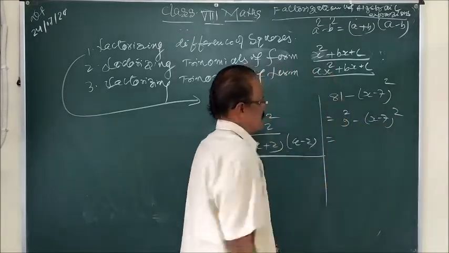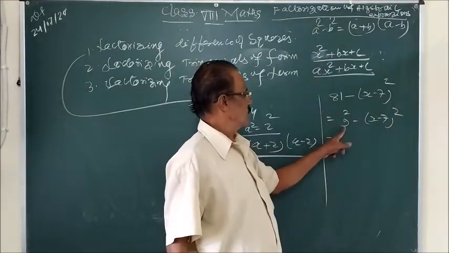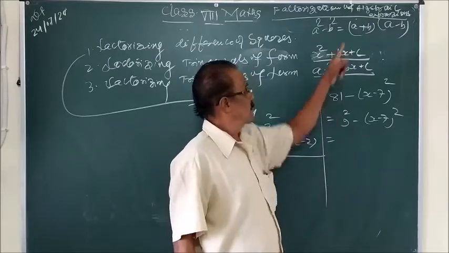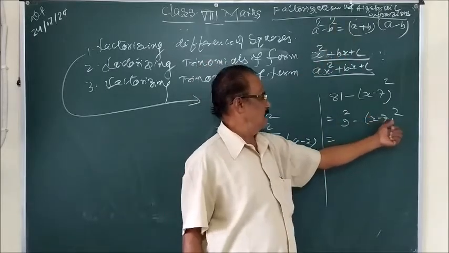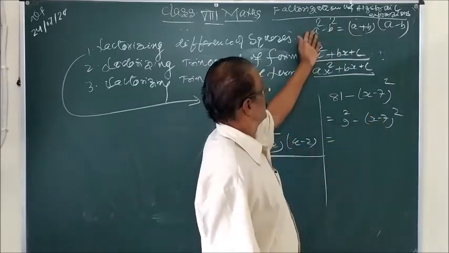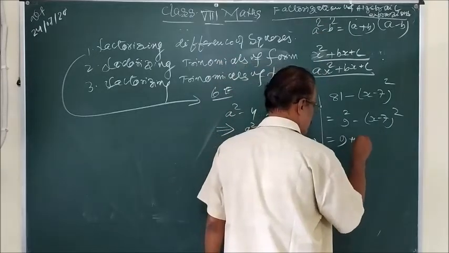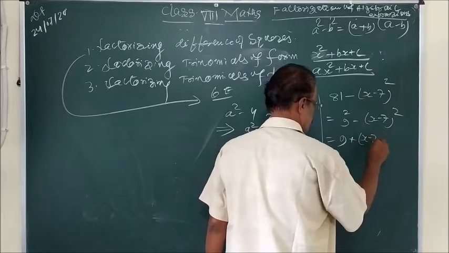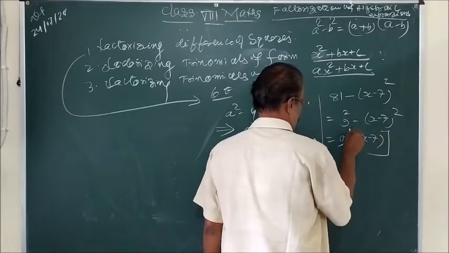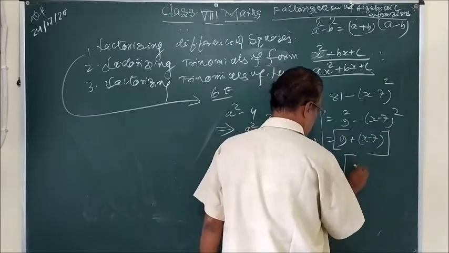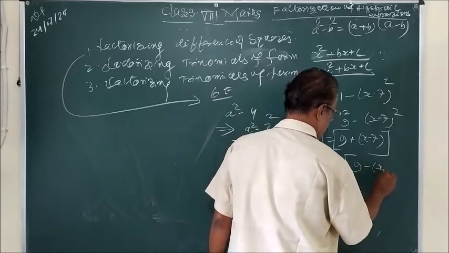Now you can compare: this is in this form, a square, here 9 square, b square, here x minus 7 whole square. This is a plus b, so b means x minus 7, and a minus b, x minus 7.